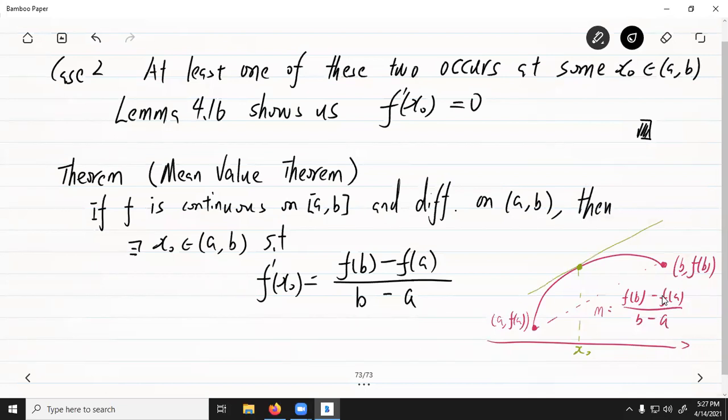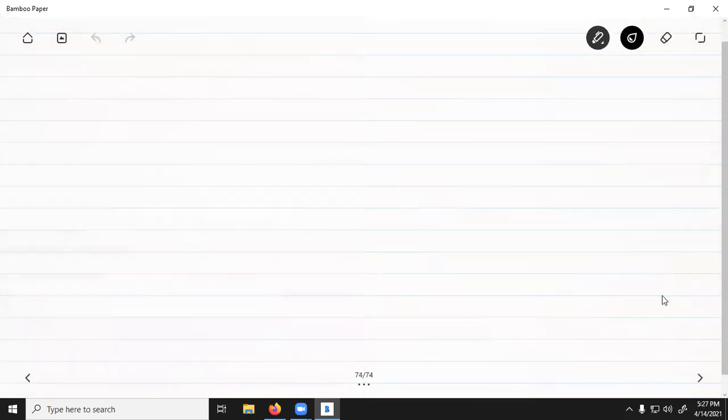So now let's prove it. Okay, the proof is a constructive proof. It's not easy, but when you construct this function, everything becomes very obvious.